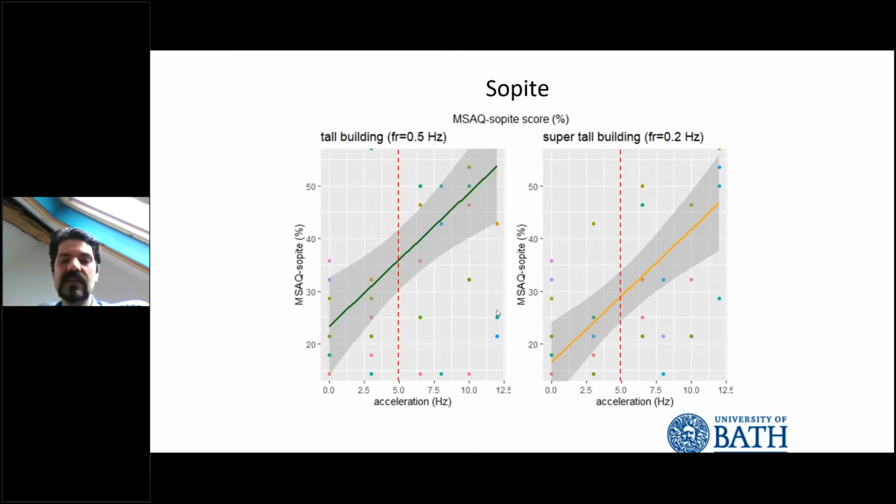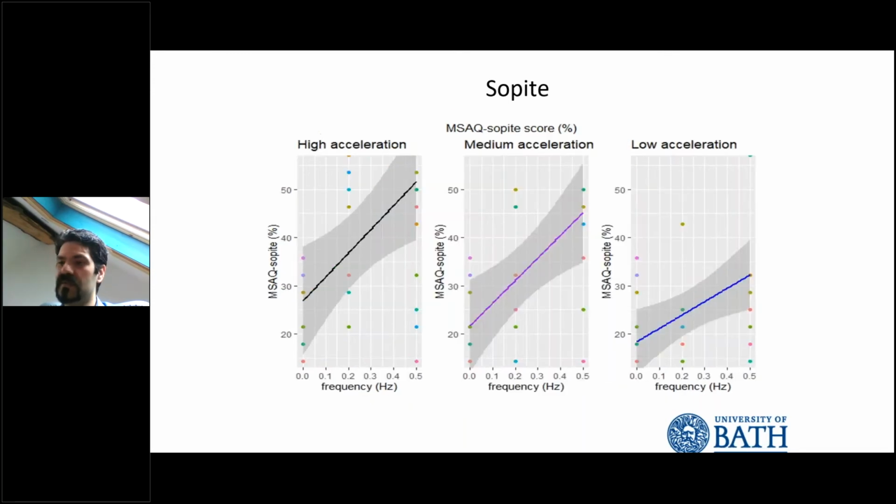Again, these graphs show the 5 milli-G perception threshold, and it is quite interesting to see that both below and above the perception threshold, the vibratory conditions can create sopite syndrome. This means that even when we can't perceive the vibration, and can't tell if it is actually vibrating, it can affect our performance, and it can create lethargic responses in our body without us noticing, which is quite interesting.